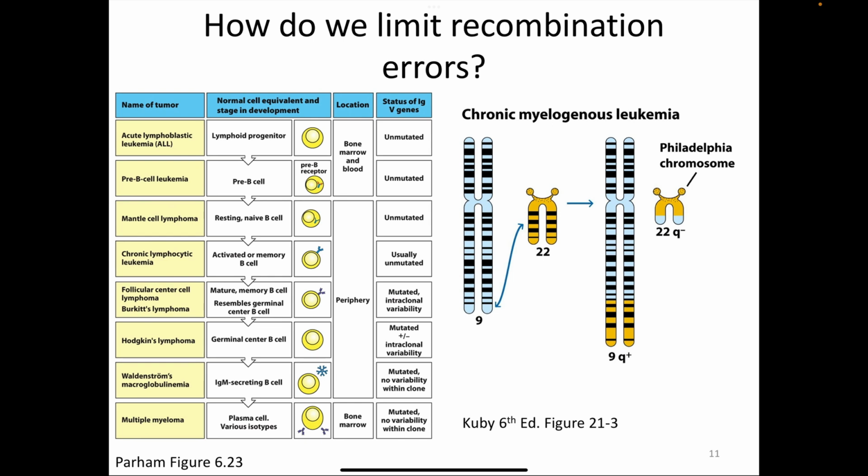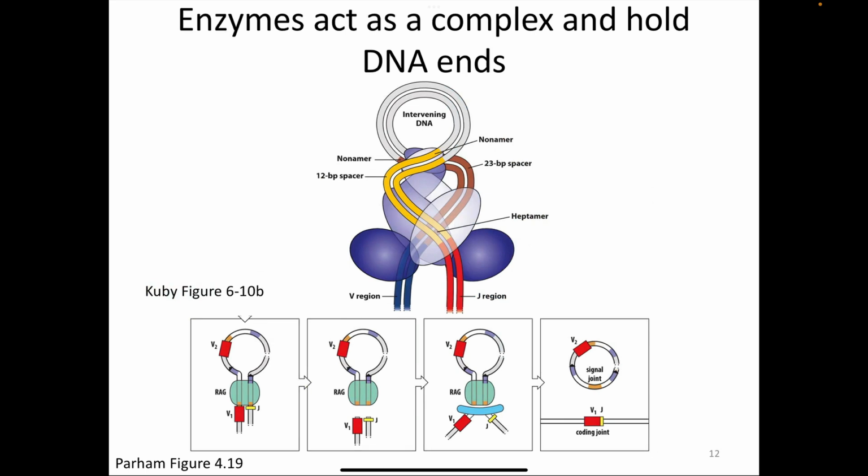There are two particularly big things that happen to limit the recombination errors. One of them, your textbook actually told you, but didn't tell you it was telling you, in this figure, where your textbook basically says RAG and just draws it as one big blue oval.